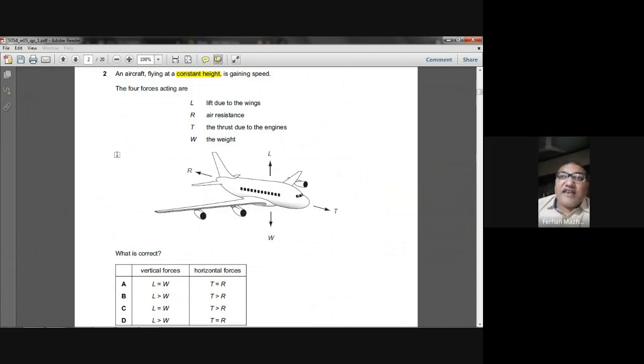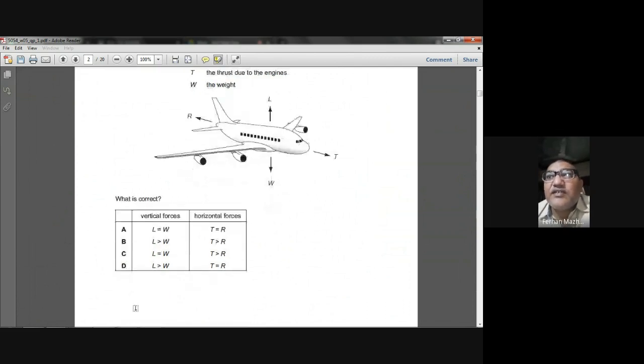Because the plane is gaining speed, the thrust is more than the air resistance. So L and W should be equal to each other, and T is more than the R value. I think this is the answer.